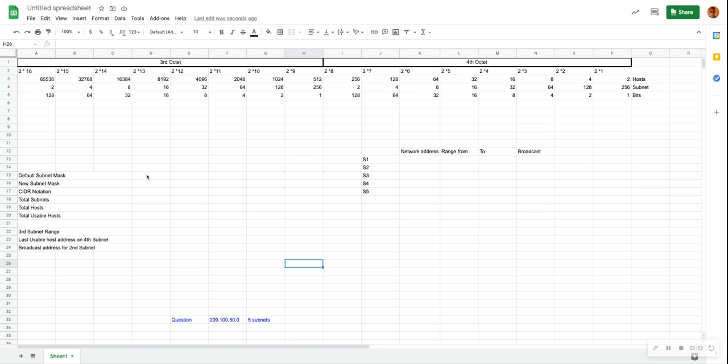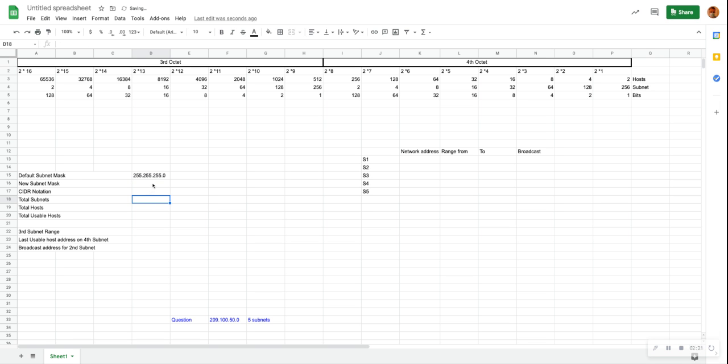So in terms of questions on an exam, this might fit into 4 or 5 questions and come at from different angles. It might ask for the default subnet mask for this IP address. So the default subnet mask is 255.255.255.0.